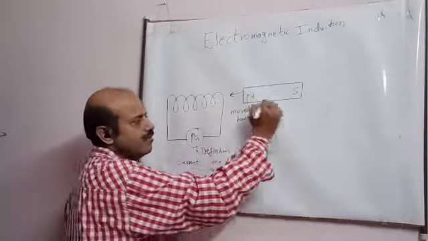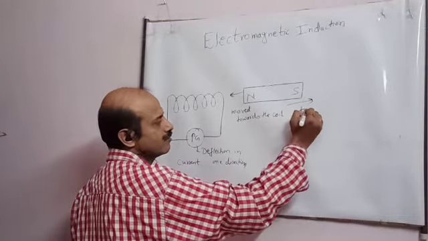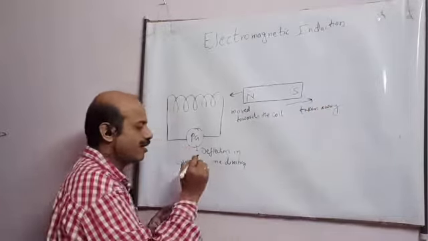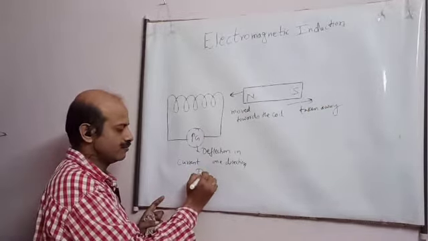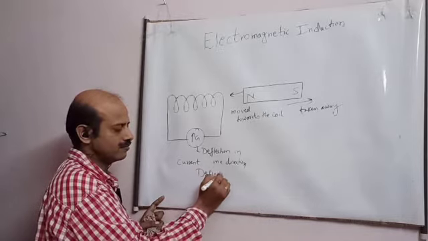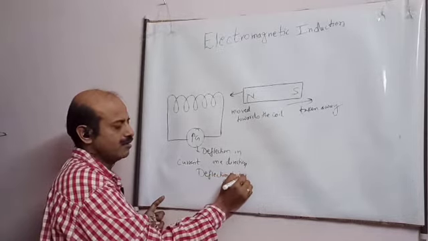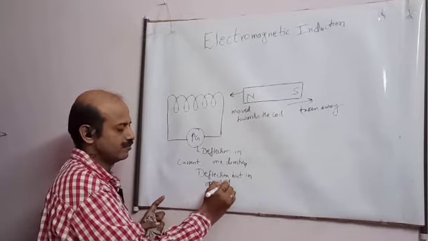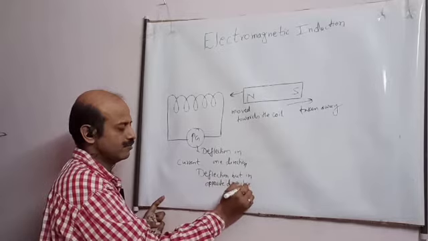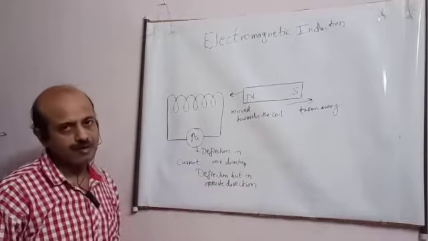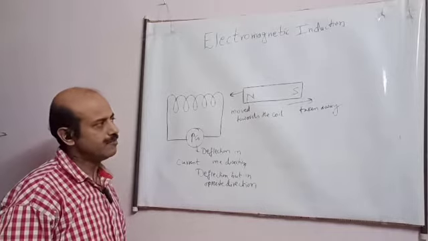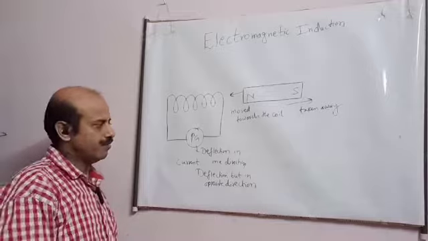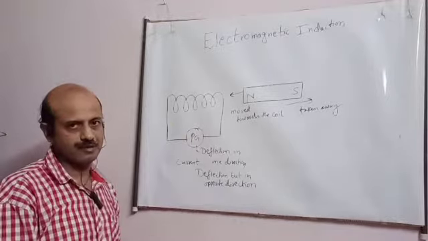When the magnet is taken away from it, again the galvanometer shows deflection, but in the opposite direction, student. So this means the movement of the magnet brings the current in this circuit.